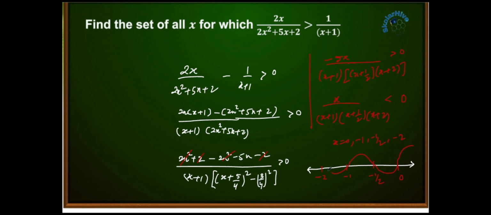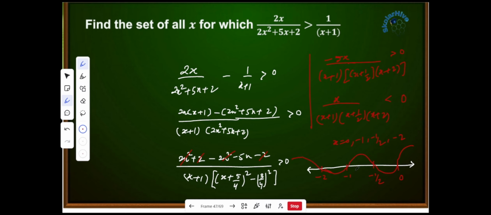Like this we get the wavy curve, positive, positive, positive here, and negative, negative. As this expression is less than 0, we need to look for the negative intervals, and as it is strictly less than, no critical point is included in the solution, so we take hollow circles. So the solution of this inequality is x belonging to minus 2 to minus 1, union minus 1 by 2 to 0.